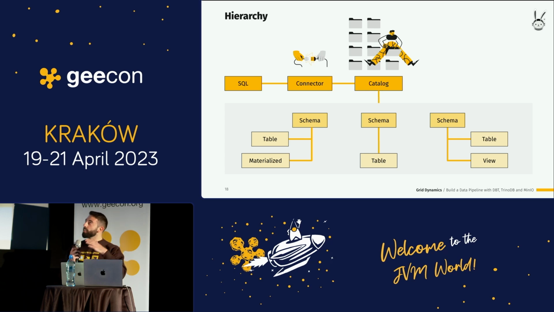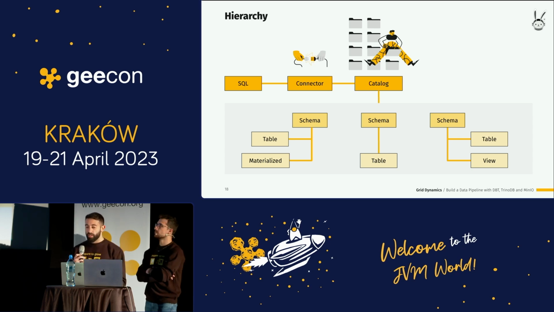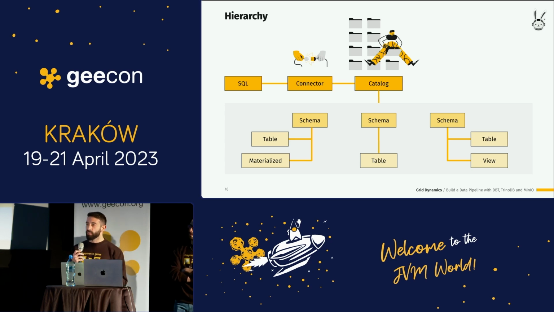We already covered the catalog and connector part, and inside the catalog, which is connected to the data source as we've seen, we have schemas. Schemas are how the tables are organized. Let's say that the catalog represents our database. Inside we can find, as I said, tables, but also materialized views, or just views. In our case, they're deployed in our Iceberg data lake.